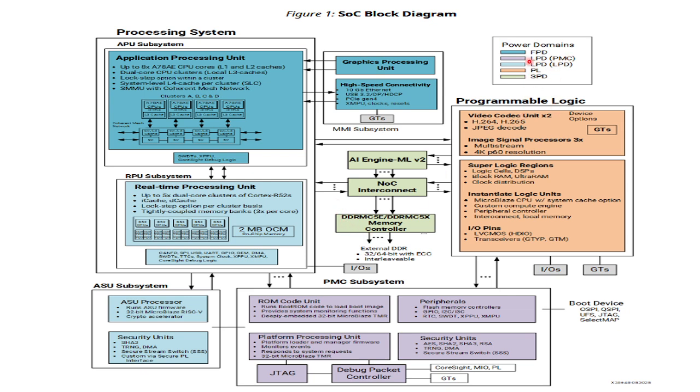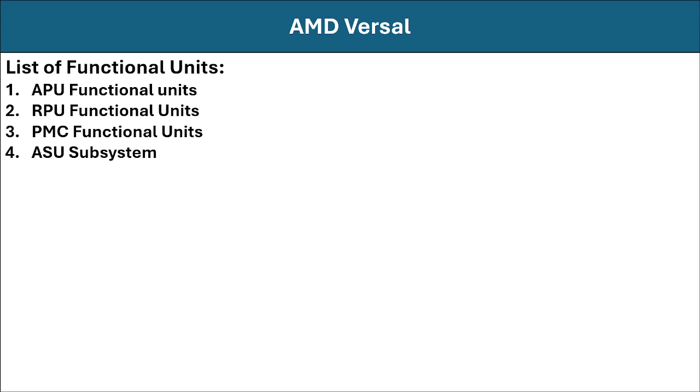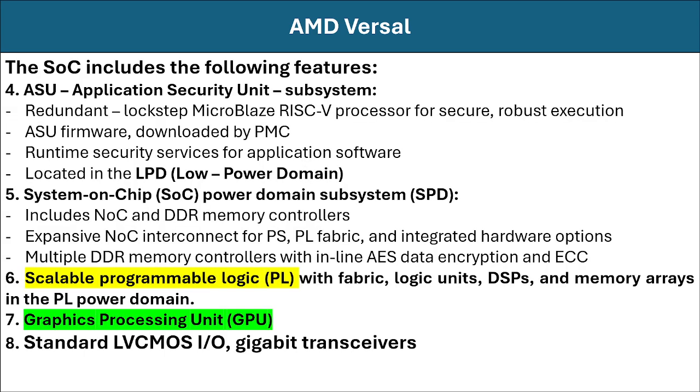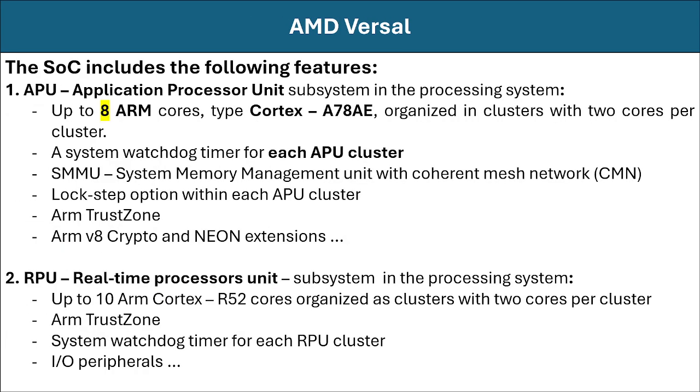Okay, but PMC is LPD. That's the third chapter, and full processing system was APU and RPU. So chapter 1 and chapter 2 talk about processing system.